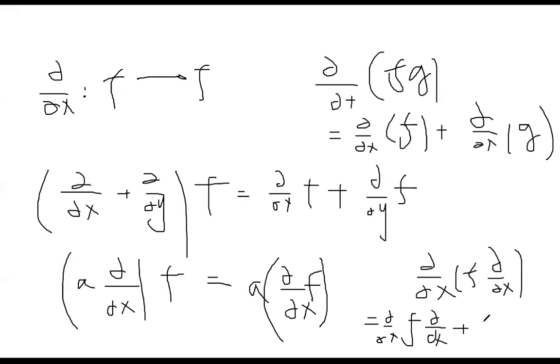Plus, now you leave the f unchanged, and you apply the operator twice. Why we can do that is because the operator, when you put a function in, is just another function. In this case, we just leave the function blank because we can basically put any function in. This is just a placeholder for another function. Make sense?